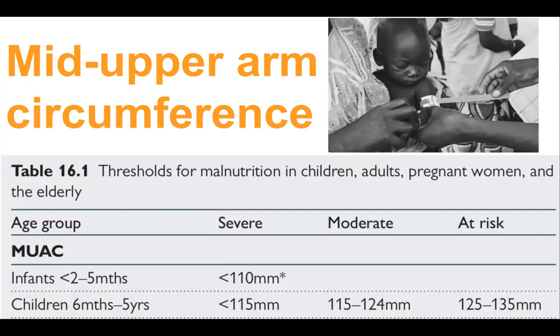For children 6 months to 5 years old, it is less than 11.5 centimeter. Moderate acute malnutrition is 11.5 to 12.4 centimeter. If the MUAC is 12.5 to 13.5, the patient is at risk for malnutrition.